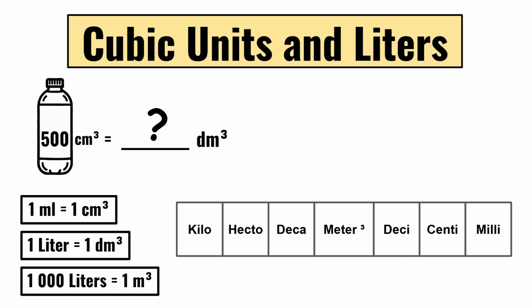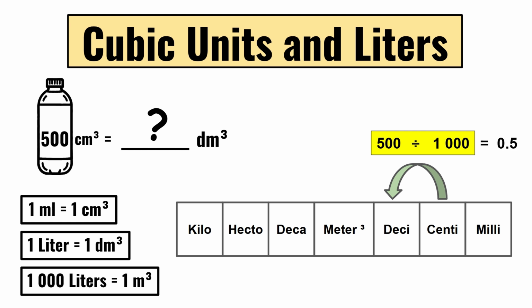Since deci is 1 step to the left of centi on the conversion line, we need to take 500 and divide by 1,000 once. And 500 divided by 1,000 equals 0.5. So 500 centimeters cubed is equal to 0.5 decimeters cubed.